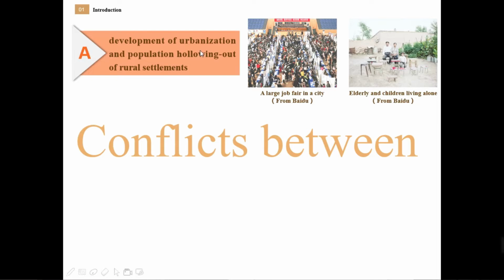Number 1 is the development of urbanization and population hollowing out of rural settlements, which we have mentioned in the previous lessons. Look, this is a large job fair in a city, full of people, and elderly and children living alone in the countryside. This is the current situation, very common in China.